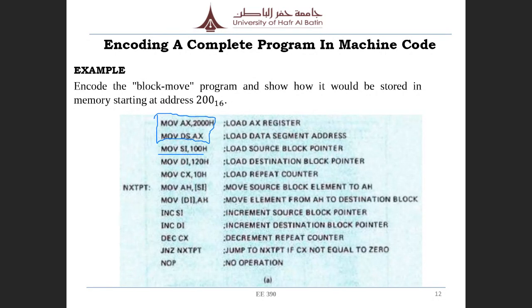Move DI comma 120H initializes the destination index register, and we initialize the counter with 10H.